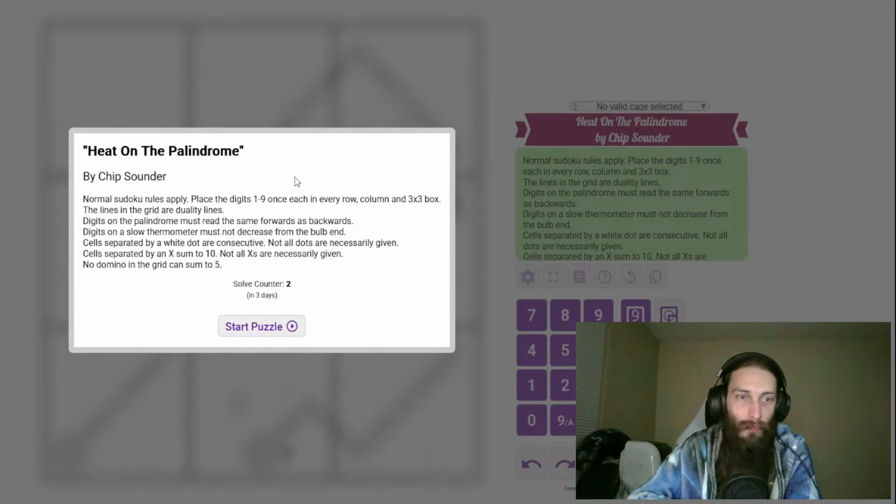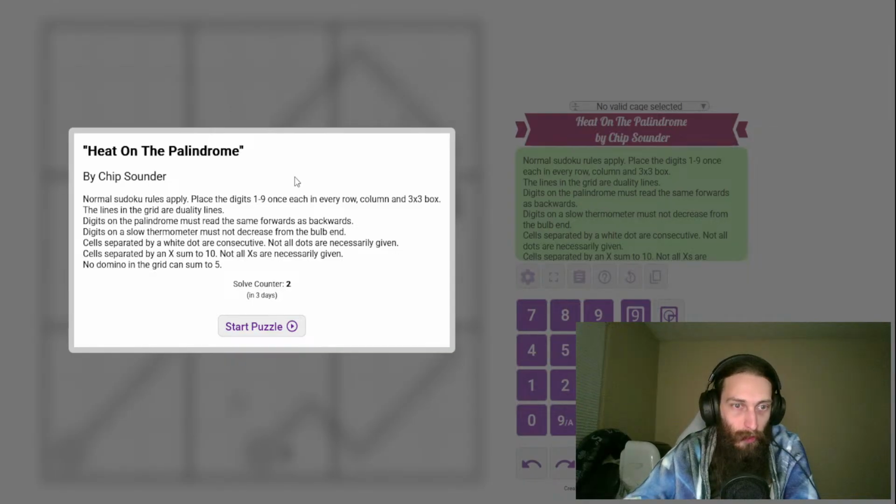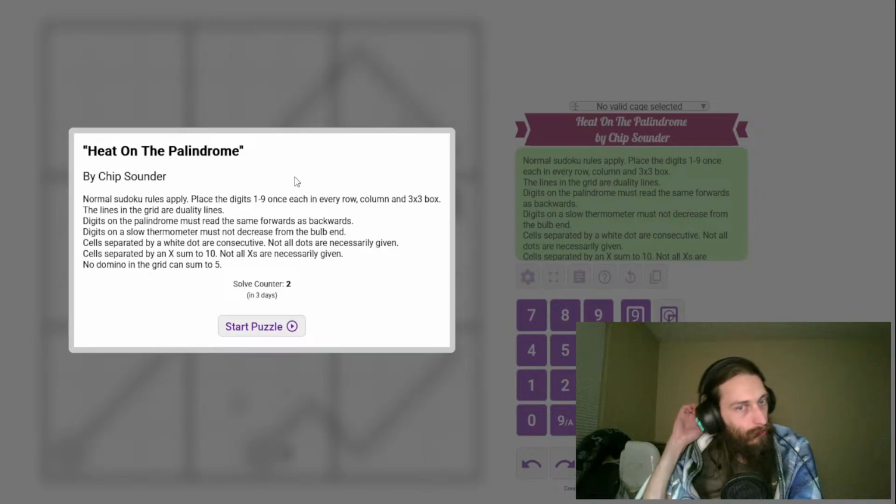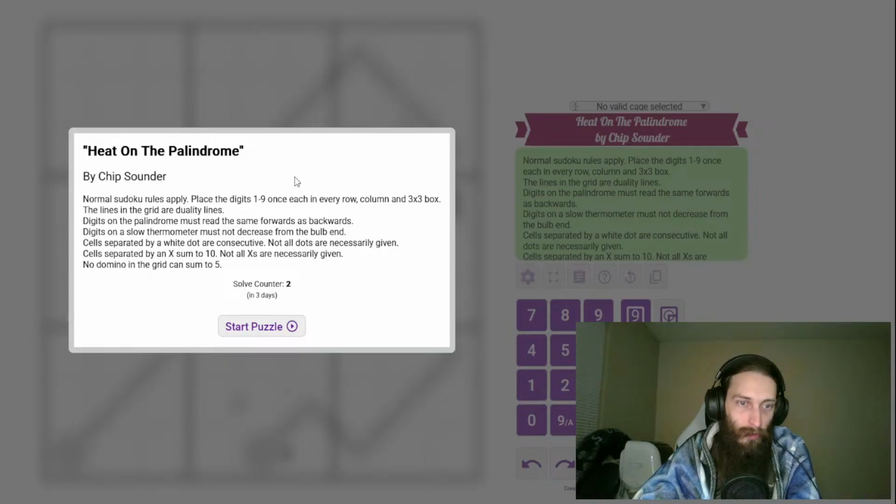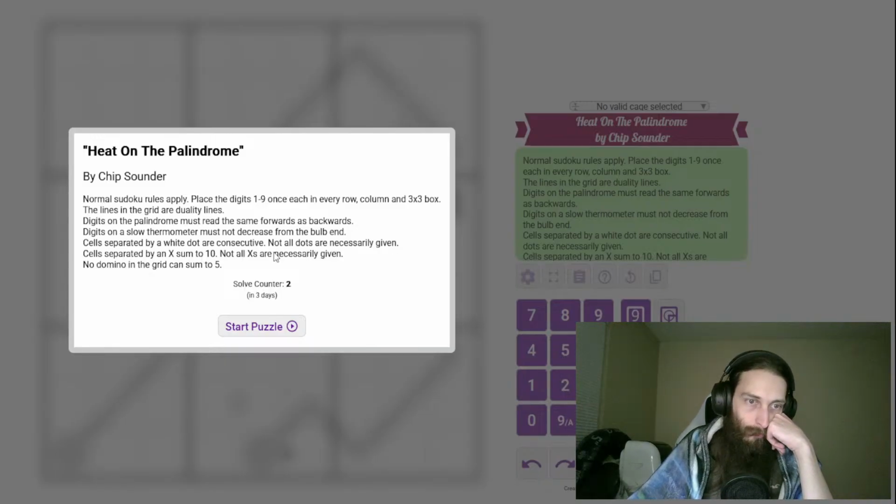Digits on the palindrome must read the same forwards as backwards. Digits on a slow thermometer must not decrease from the bulb end. Cells separated by a white dot are consecutive, and not all dots are necessarily given. Cells separated by an X sum to 10, and not all X's are necessarily given. No domino in the grid can sum to 5.